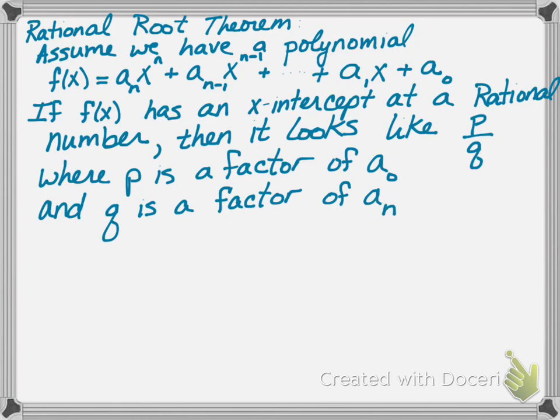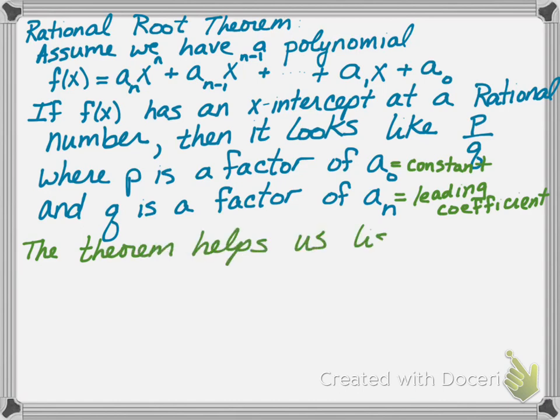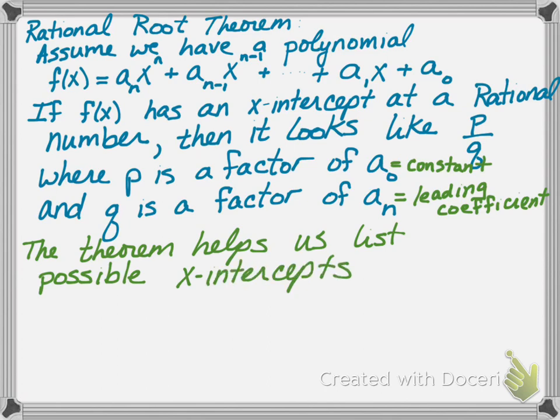So this is the constant term of the polynomial, and this one is the leading coefficient. The reason why we use this theorem is it gives us a list of possible x-intercepts.